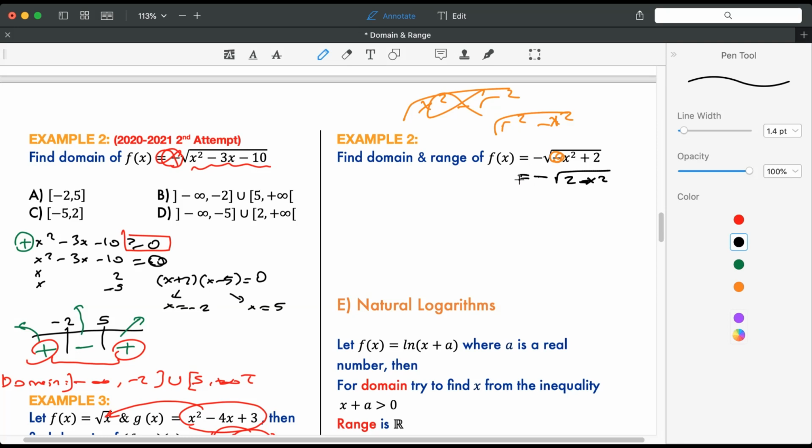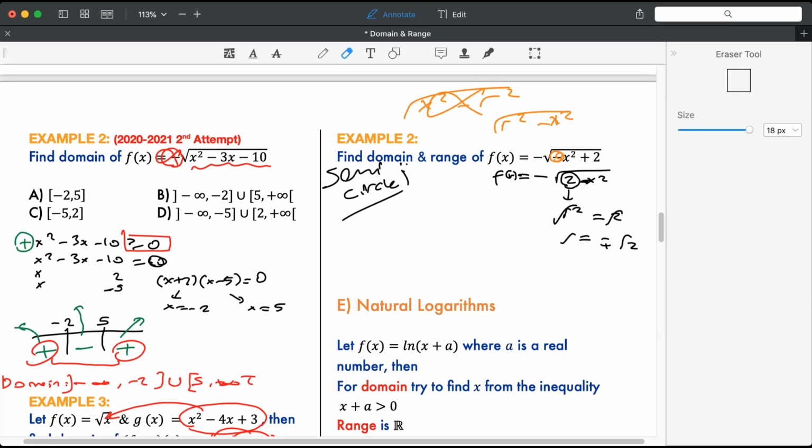It is still a semicircle. So find r squared first. The first number written under the radical gives you r squared. r squared is 2. If r squared is 2, r becomes square root of 2.